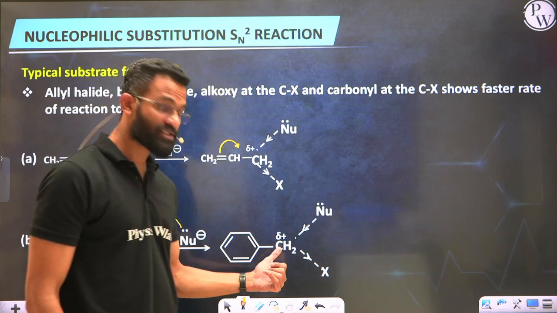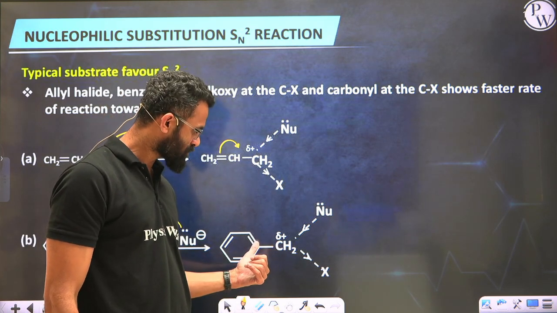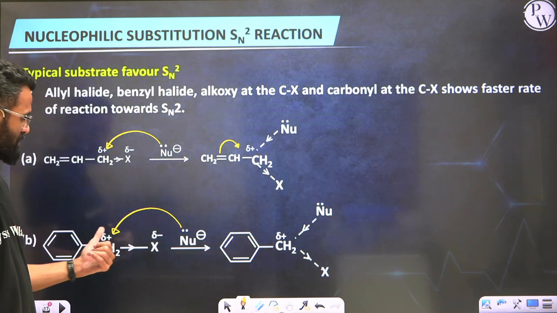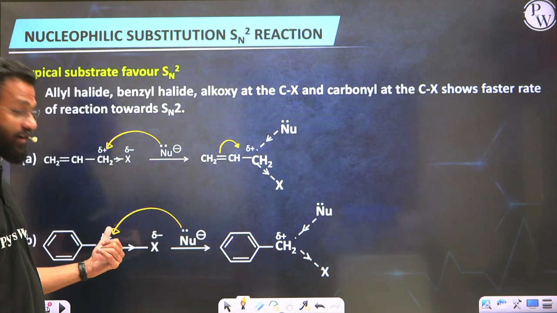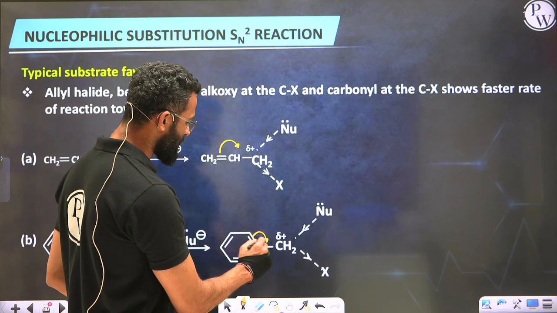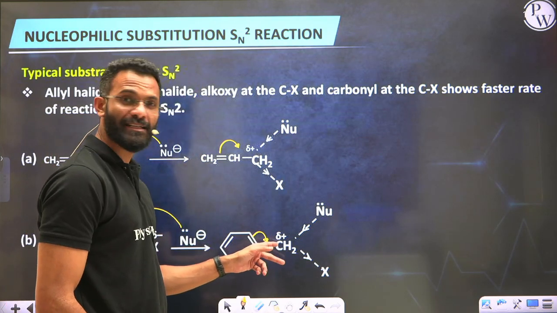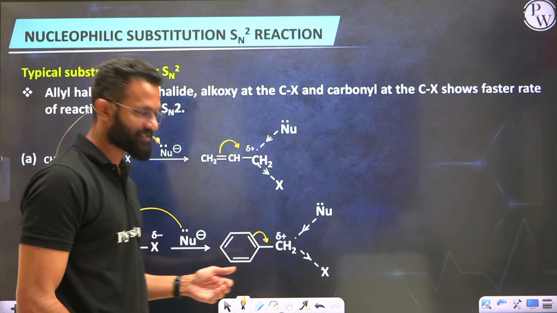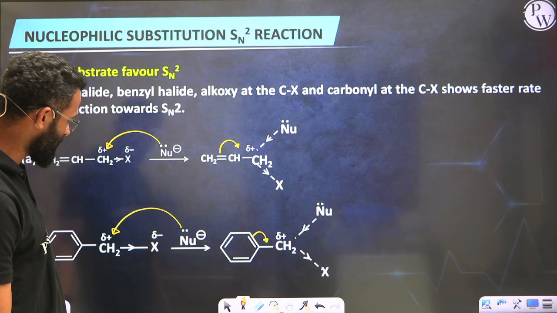In the transition state, again the sp2 hybridized carbon of the phenyl will bring delta plus here, so the nucleophilic attack is faster. Once this delta plus charge is developed, the partial delocalization will stabilize the transition state. Energy will decrease. If the energy of activation is lesser, the faster the rate of reaction will be.